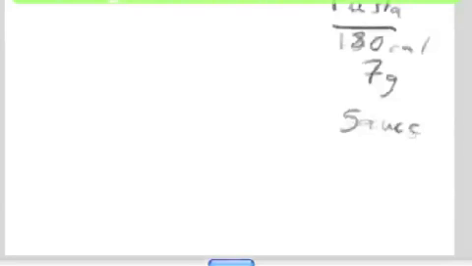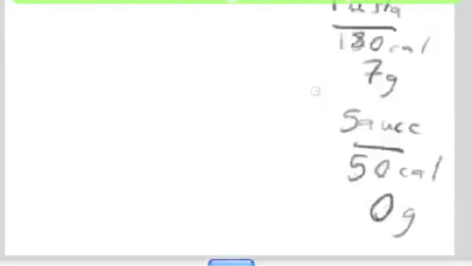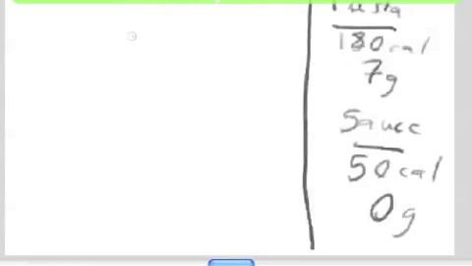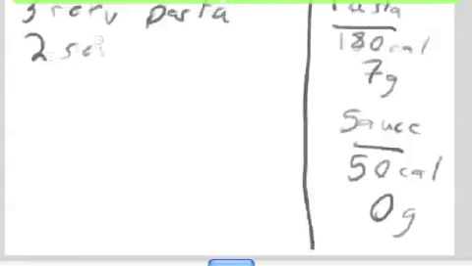Sauce, 50 calories per serving, and no protein whatsoever in the sauce. And again we're going to look at 3 servings of pasta and 2 servings of sauce.